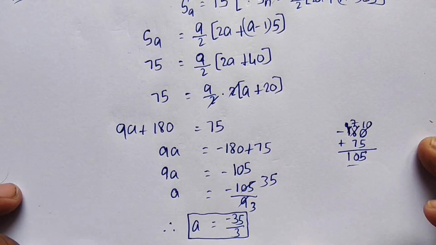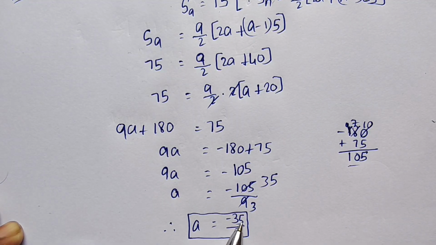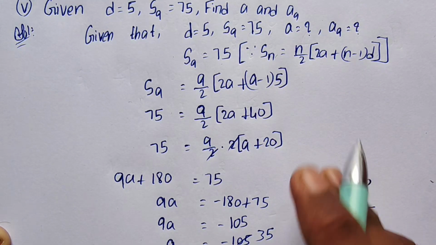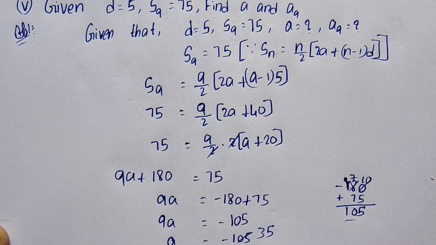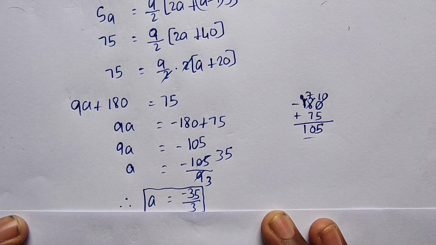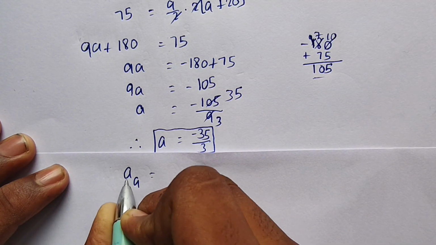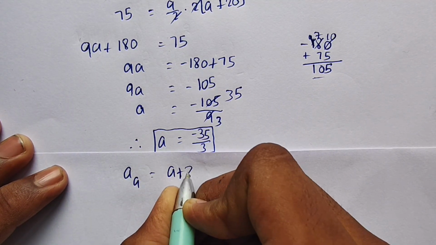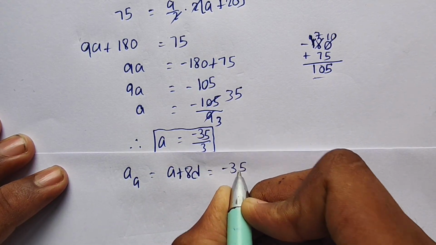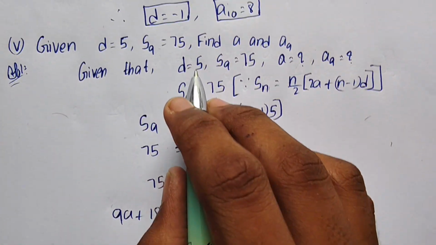So by using the given values, we got the value of a as minus 35 by 3. Now we have to find the value of a base 9, the ninth term. a9 can be written as a plus 8d, which is minus 35 by 3 plus 8 into the value of d, which is 5.